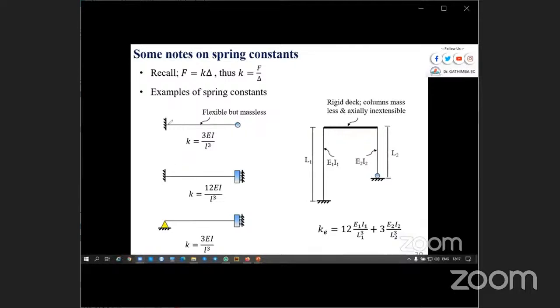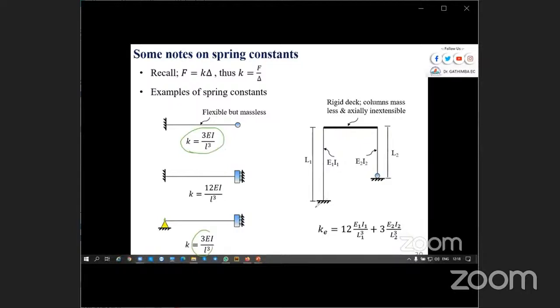So in this case, if this is fixed and this is a cantilevered column, the spring stiffness is given by 3 EI over L cubed. Now, if this is fixed and this is a roller, you have 12 EI over L cubed. If this is pinned and this is a roller, it's almost the same as the cantilever.